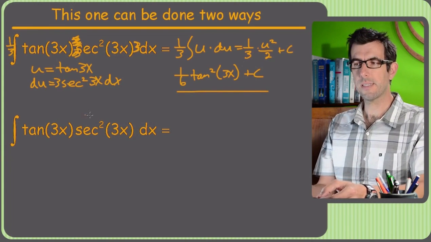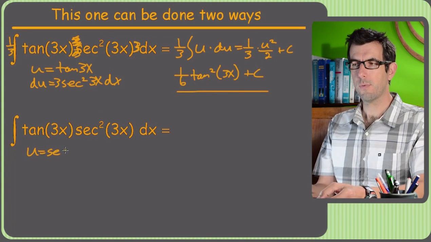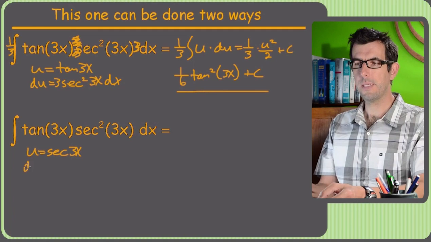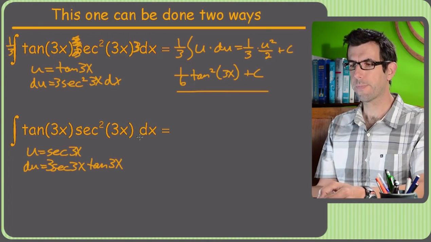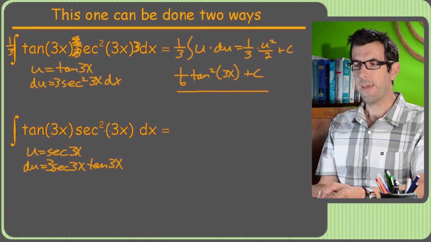Now what is the other way? The other way is if I take the secant squared and realize, you know what, if my u was secant of 3x, then my du would equal secant of 3x, tangent of 3x, and of course once again I need a 3 out front because of the chain rule. And I have that. I've got a secant and a tangent, but I also have another secant.